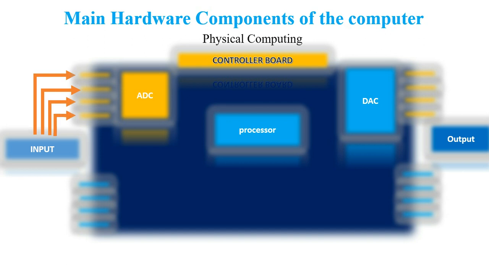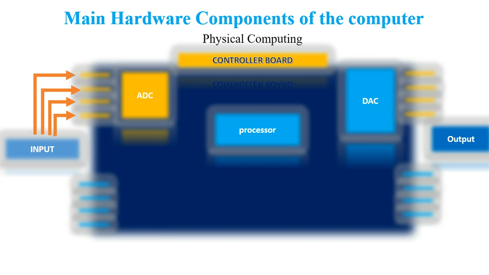These are the main hardware components of any computing device, be it a controller board, or maybe a microprocessor, though not quite, because this one is a bit bigger compared to a microprocessor.